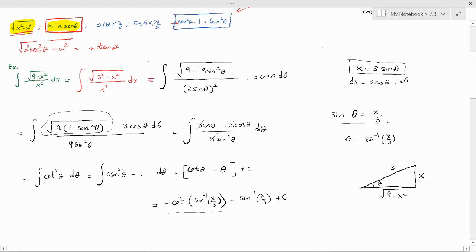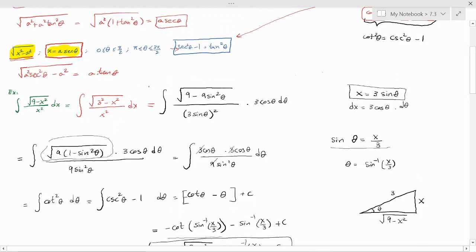So what is the negative cotangent theta? Cotangent of this angle would be adjacent divided by opposite. So it would be negative square root of 9 minus x squared divided by x, minus sine inverse of x over 3 plus some constant.